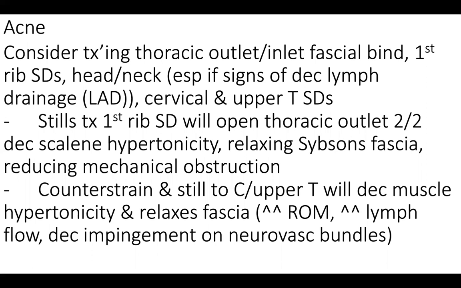So for acne, think about Still technique for the first rib to open that thoracic outlet, decreasing scalene hypertonicity, relaxing Sibson's fascia, and reducing mechanical obstruction. Also, counterstrain and Still for the upper T and C spine decrease that hypertonicity and relax the fascia. It's going to increase the range of motion and lymph flow and decrease impingement to neurovascular bundles.